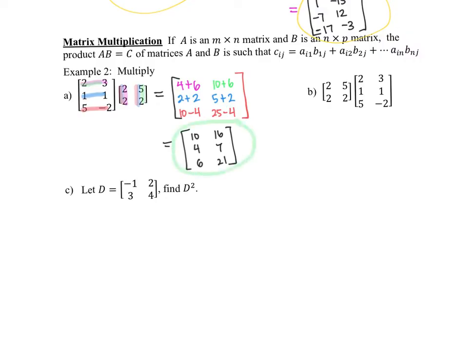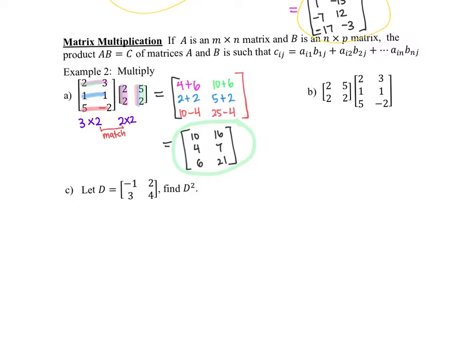Okay, and I'm going to point out something about the dimensions because they don't have to be the same size, but you do need certain elements to match up for this to work out. So if I look at the first matrix, this was 3 rows, 2 columns, 3 by 2. The second one was a 2 by 2. If I want to multiply them, since I'm doing the rows with the columns, these two have to match, because otherwise it's not going to work out.